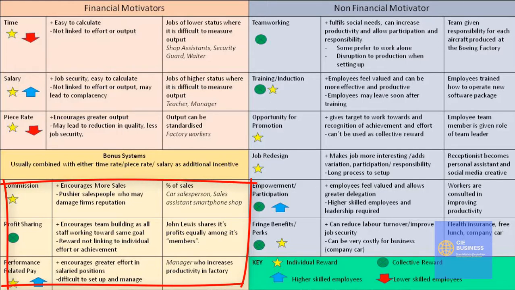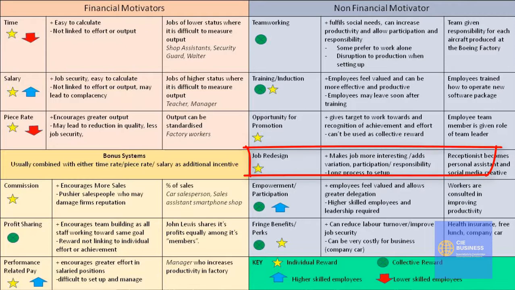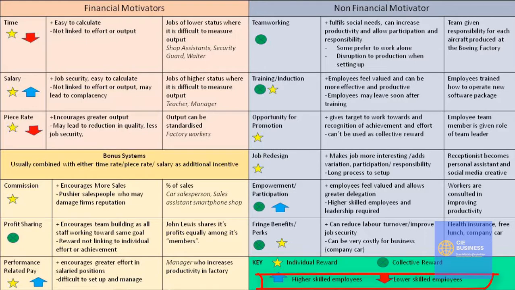If employees feel bored at work, you may pick job redesign. Motivational tools also work in different ways, so I've categorized and labeled different motivators by high and low skill, or individual and collective rewards. So, next we're going to look at how we answer a specific exam question.